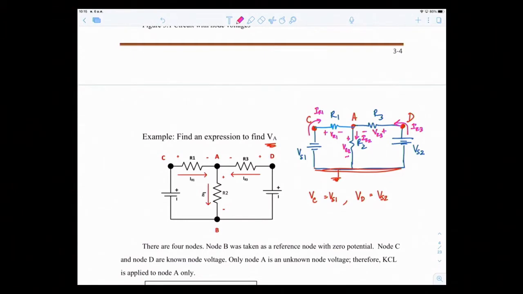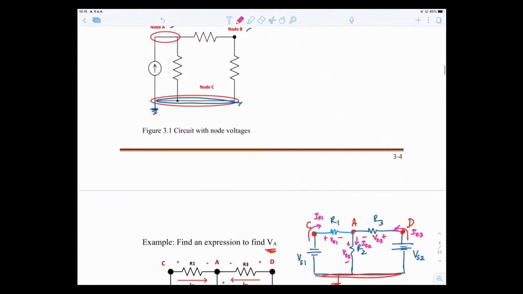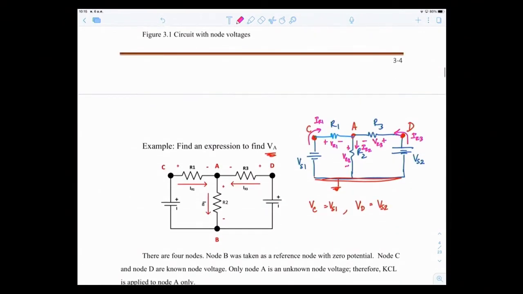So I did number 3 now: assign voltages and currents at each node where the node voltage is unknown, because node A we don't know. Apply KCL at the unknown voltage nodes. So I'm going to write KCL at node A because I don't know node A. The other nodes I already know the voltages. KCL is Kirchhoff's current law: you add the currents that go in and out of the node.